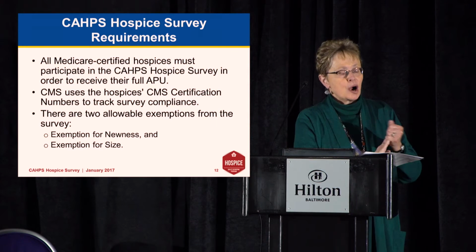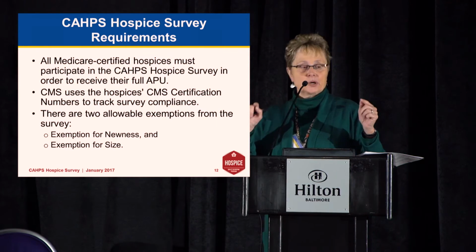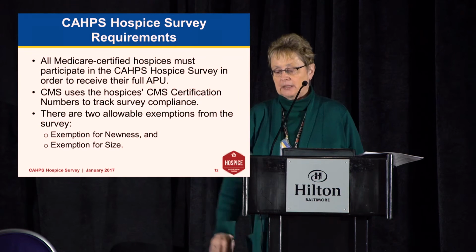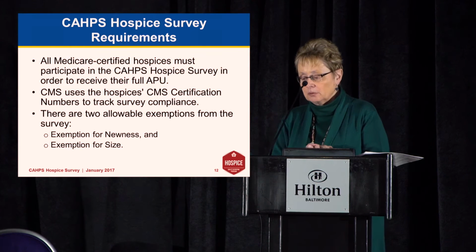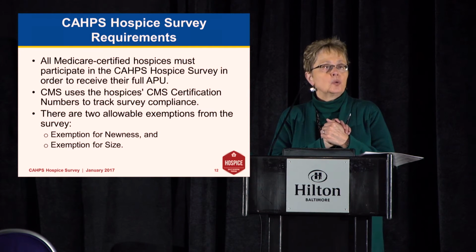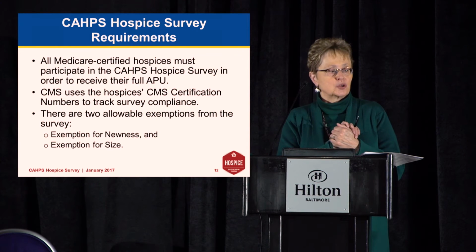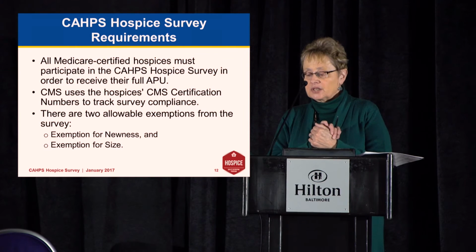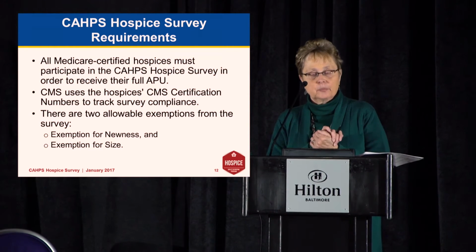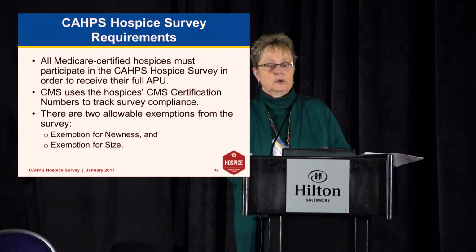Okay, if you are a Medicare certified hospice, you must participate unless you're exempt. I'll explain that later, in order to get your full APU. Your hospice provider number is what we use to track compliance, so it is very important that you give us the right provider number.